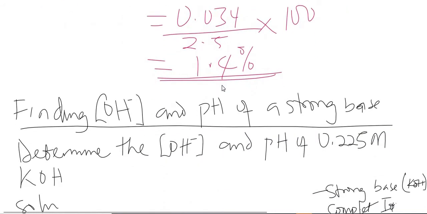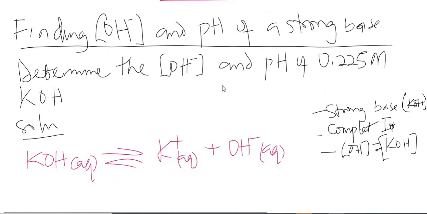So the next thing we want to find is the hydroxide ion concentration and pH of a strong base. Determine the hydroxide ion concentration and pH of 0.225 molar potassium hydroxide.